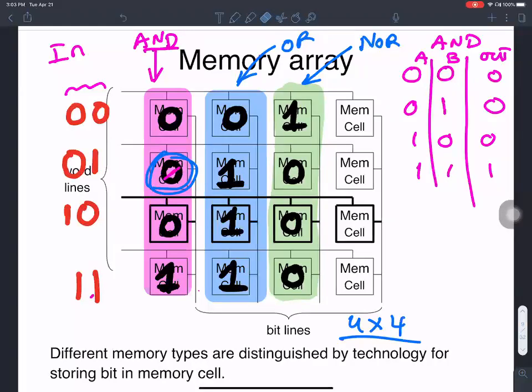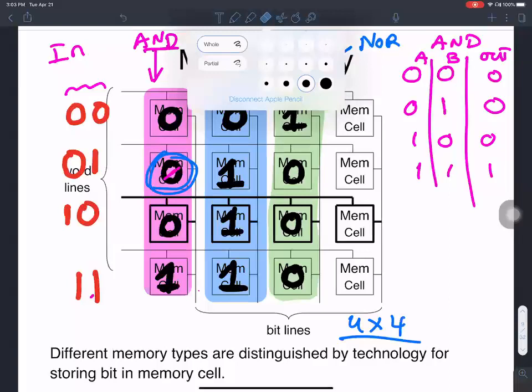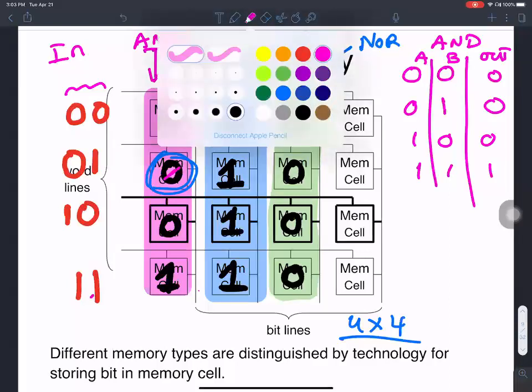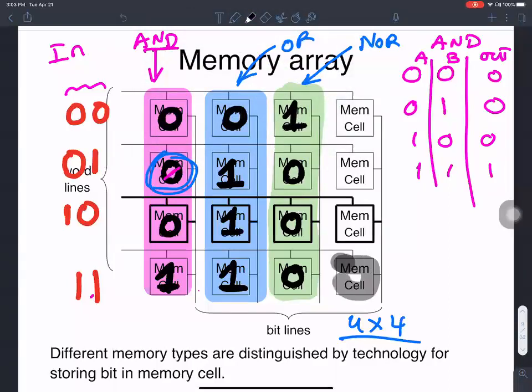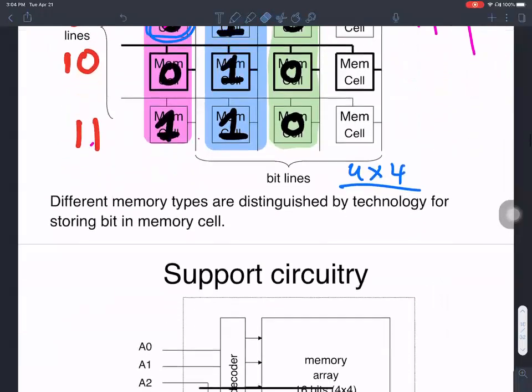If you remember, there is just one repeating cell. There is one cell that repeats over and over and over again. That's the underlying idea of memory. This is repeated a billion times if you're interested in 1 GB of memory, so on and so forth. So that's the idea.